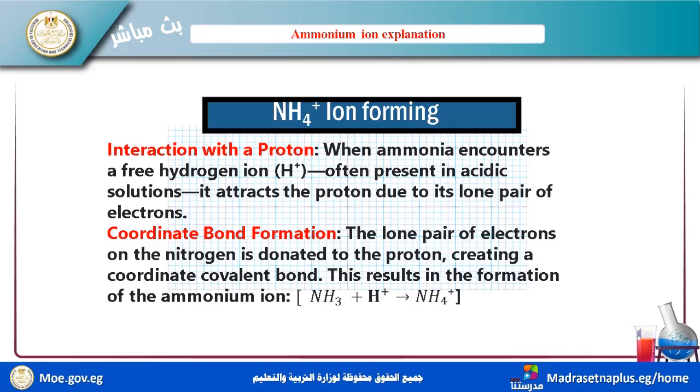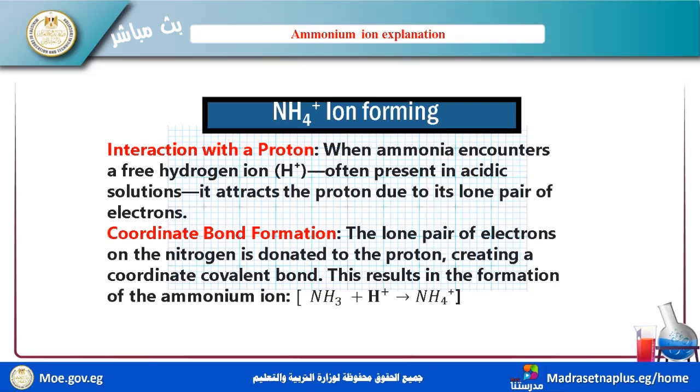Interaction with the protons: when ammonia encounters free hydrogen ions, H positive, often present in acidic solutions, it attracts the protons due to its lone pair of electrons. Coordinate bond formation: the lone pair of electrons on the nitrogen is donated to the proton, creating a coordinate bond or coordinate covalent bond.